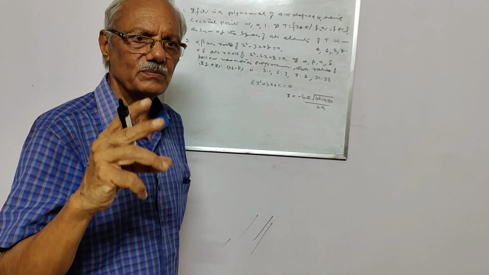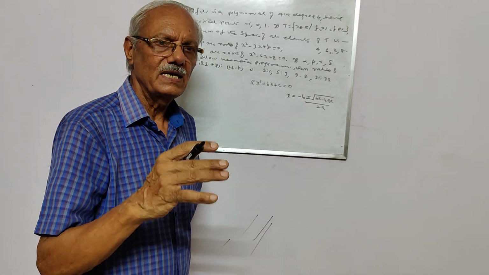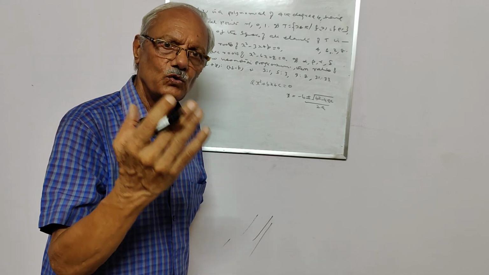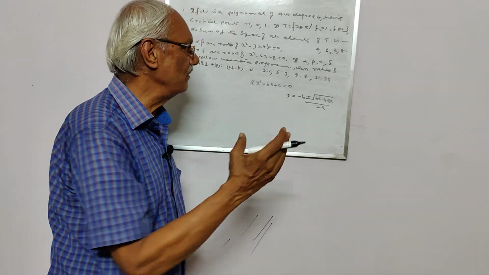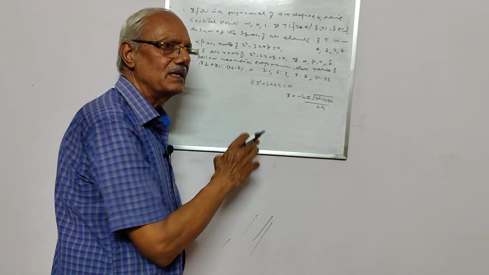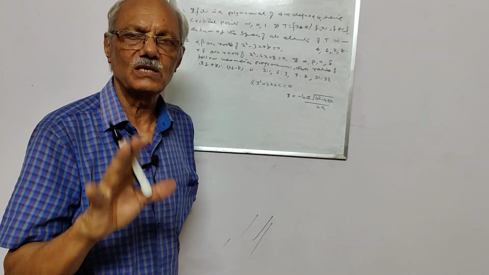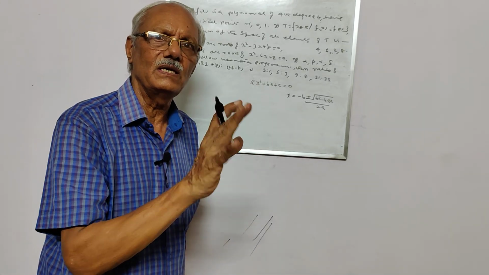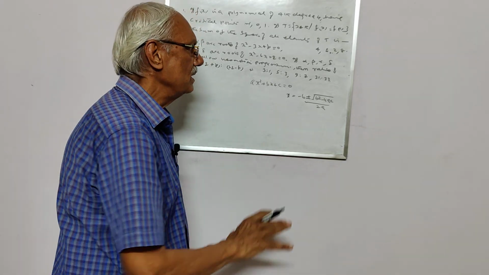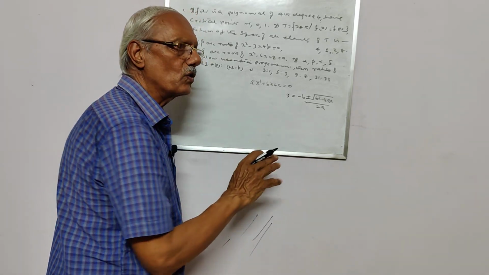There are two values because it is a quadratic equation in x, and you can assign two values for x, in the sense that if you substitute the value of x here, the left hand side will become 0. That is the meaning of solving the equation. These are called the roots of the equation.